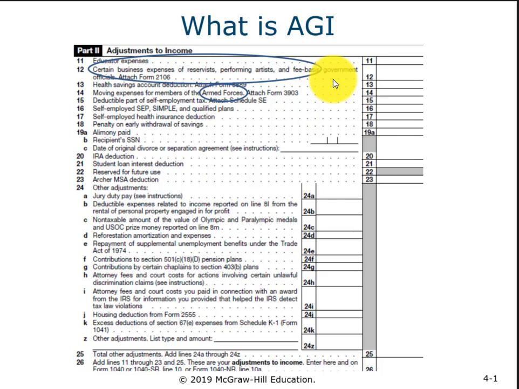So I just want to point that out because it sounds like it's a good thing, certain business expenses, and if you pull up Form 2106, it looks like we could use a lot of things for deductions, but it's limited to those small groups. And then we will talk about moving expenses, even though it has been limited now under a change of the law to only members of the armed forces, as circled here.